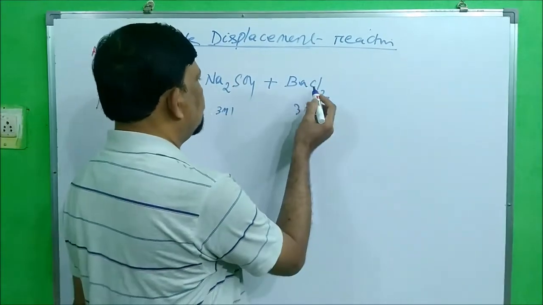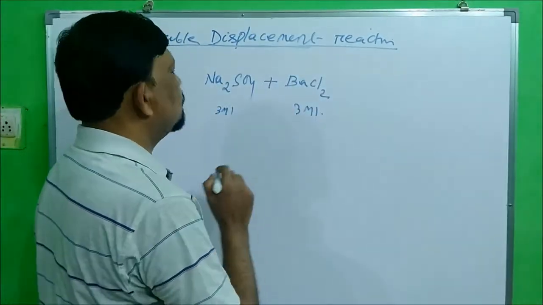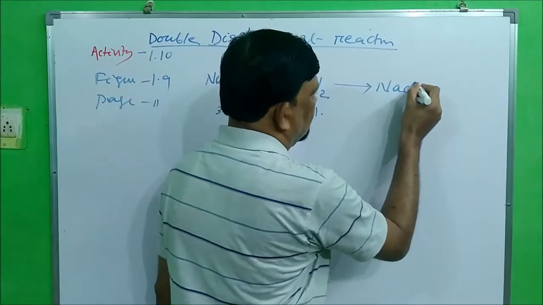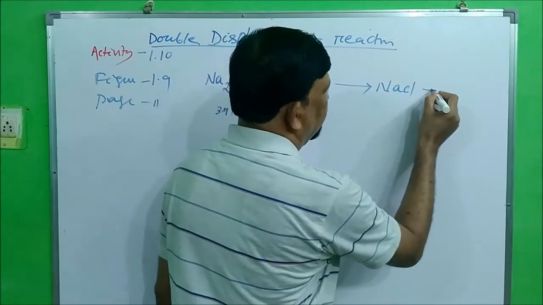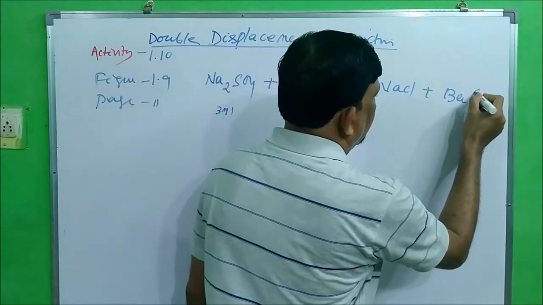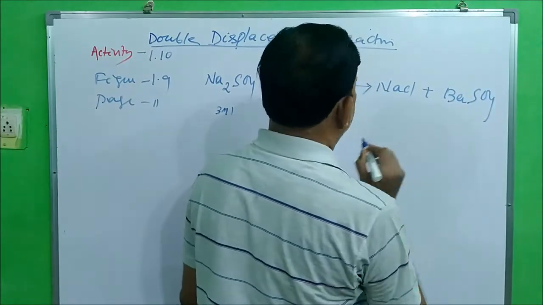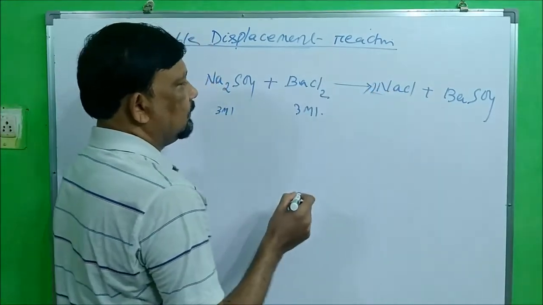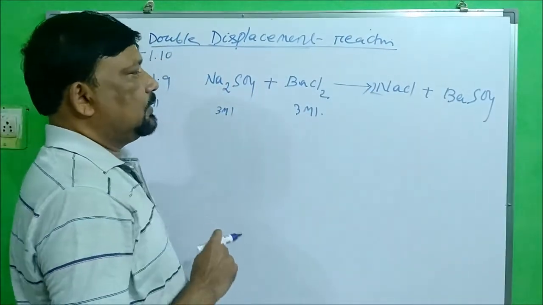So when you pour barium chloride into sodium sulfate, it will give you sodium chloride plus barium sulfate. Balance the equation. Is it balanced? Yeah.